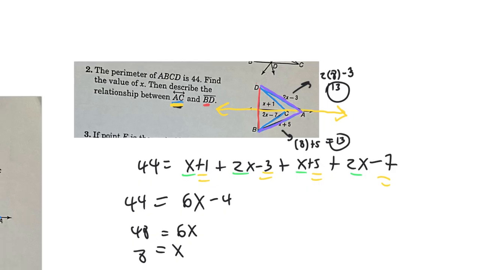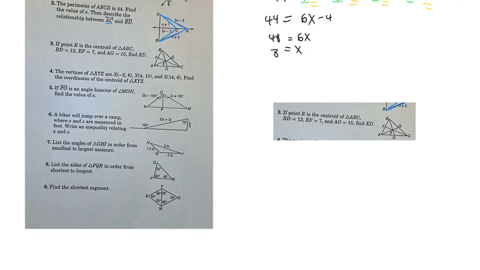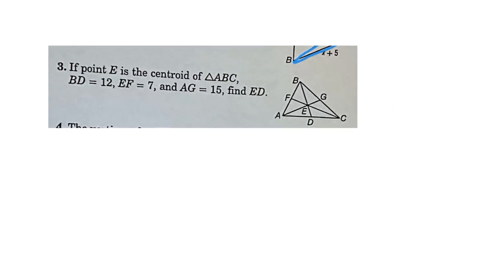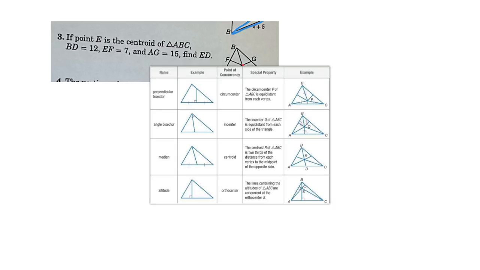All right, looking at problem number 3, if point E is the centroid of ABC. Okay. So they're talking about centroids, which makes me want to get my handy dandy table in front of me, and that would be this table or something like that.